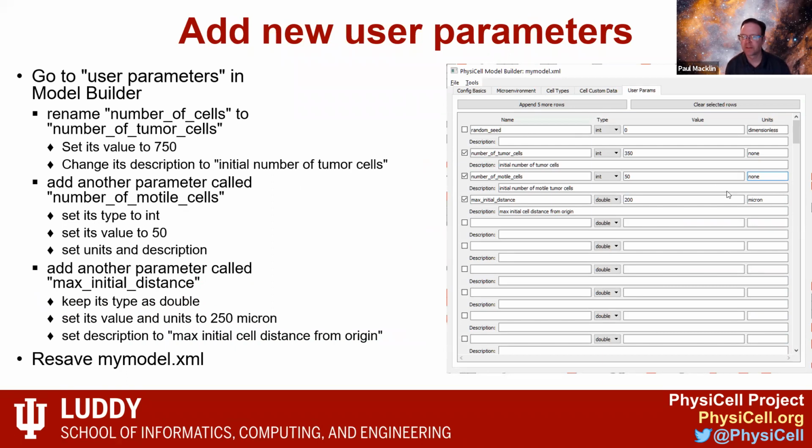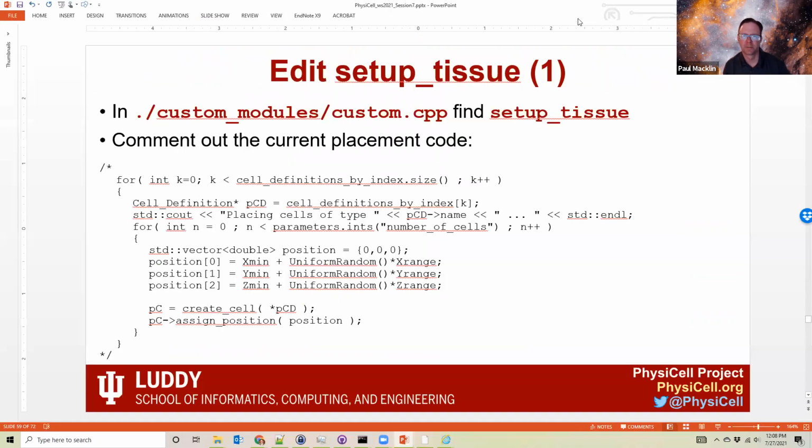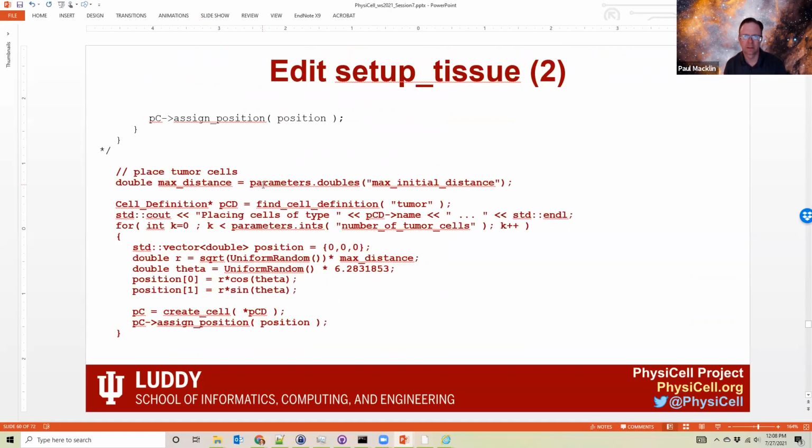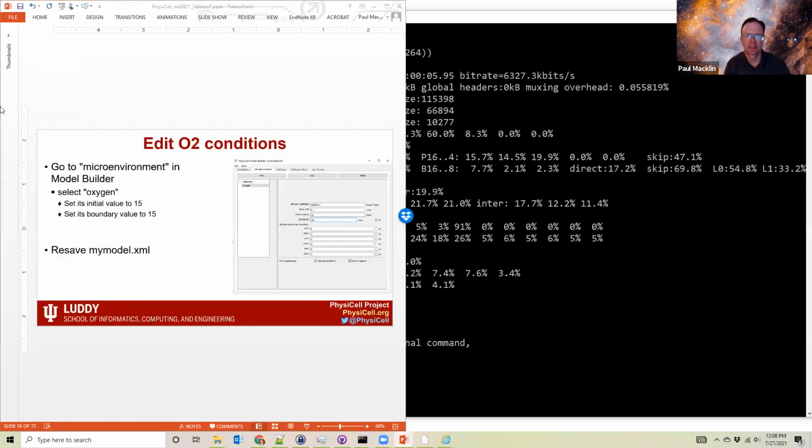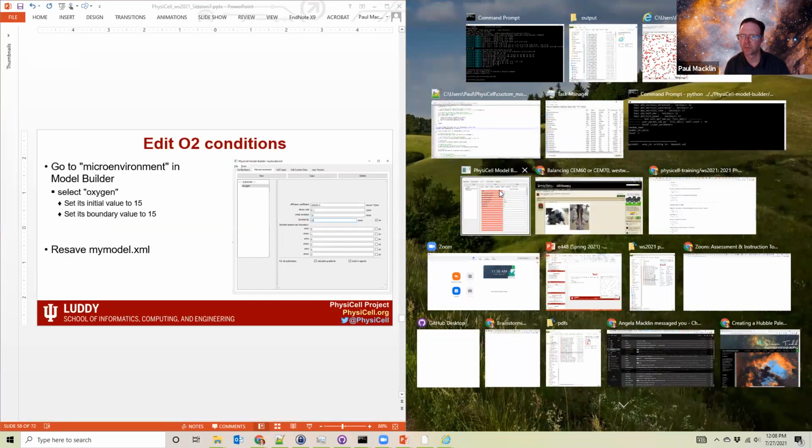This is why I like to leave the model builder open while I'm working. I'm going to modify the user parameters. Actually, I'm going to get this out of full screen, put it on the left, and go to the model builder on the right.